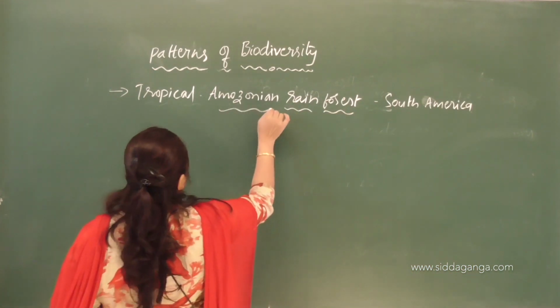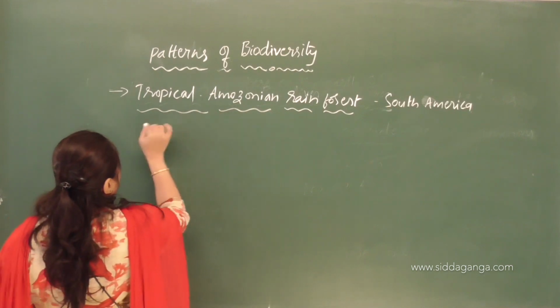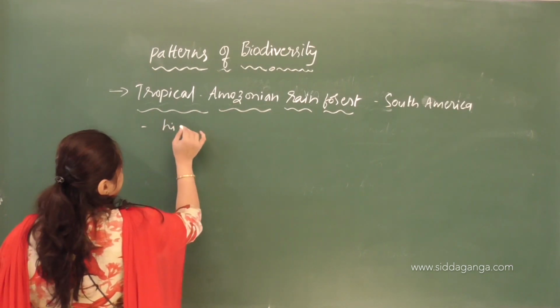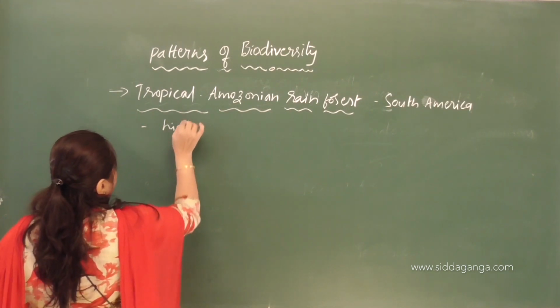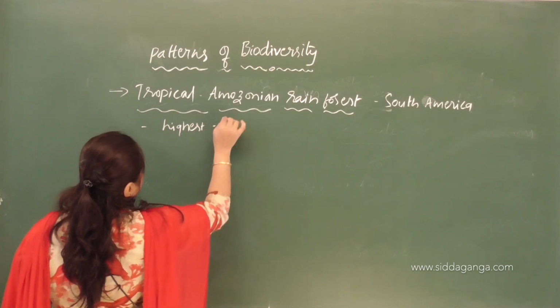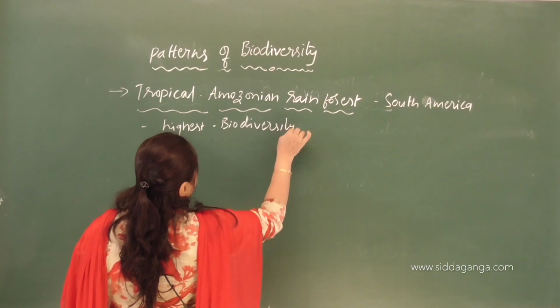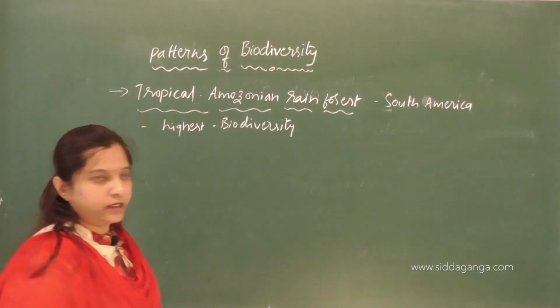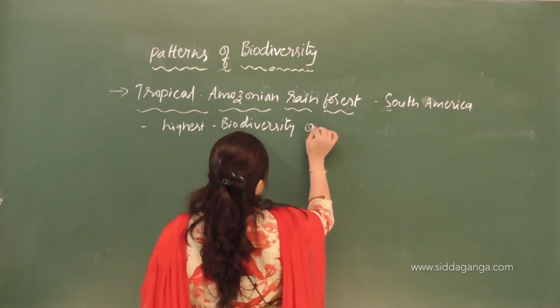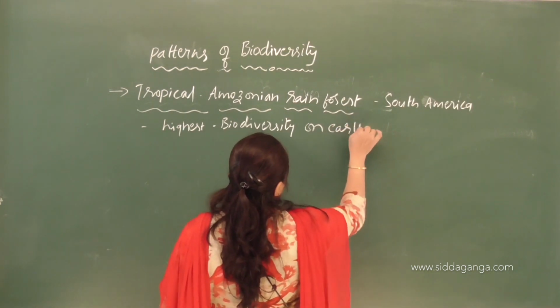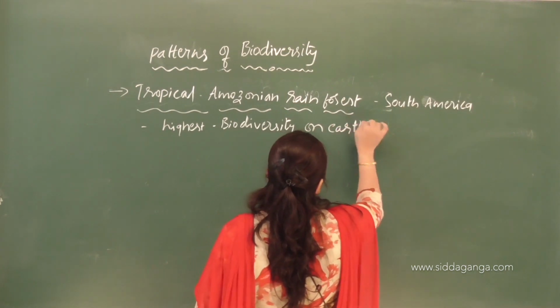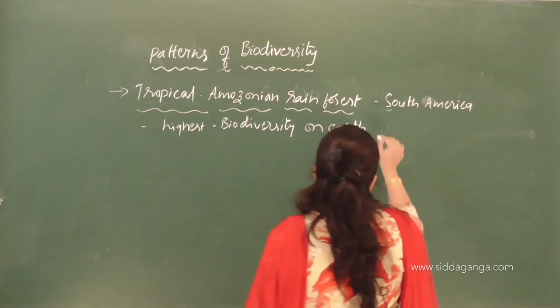So this Amazon forest has the highest biodiversity on earth. So that's why it is called the lungs of the forest.